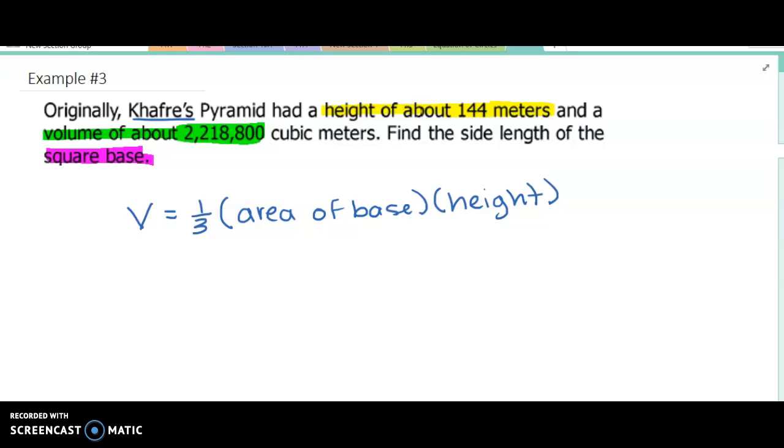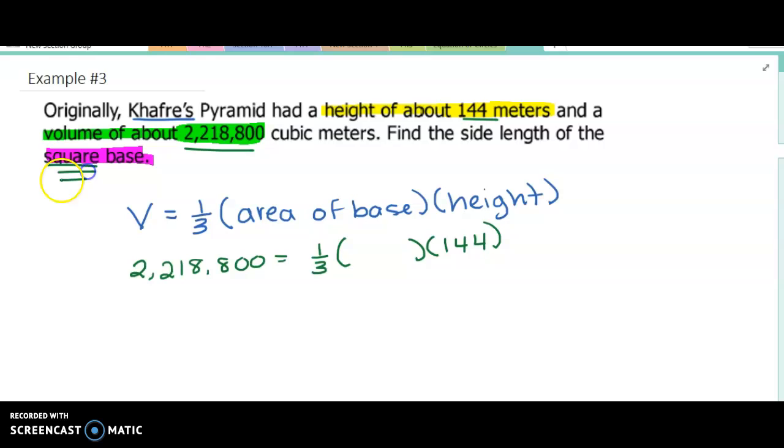Well, the volume here, guys, 2218800 equals 1/3. We don't know the area of the base, and we know the height is 144. What we do know is that the base is square. So if we have a square base, we let this be x, x, x, x, all sides are the same.